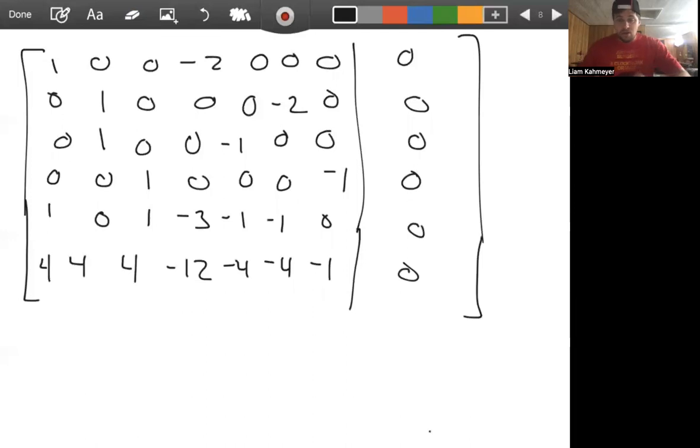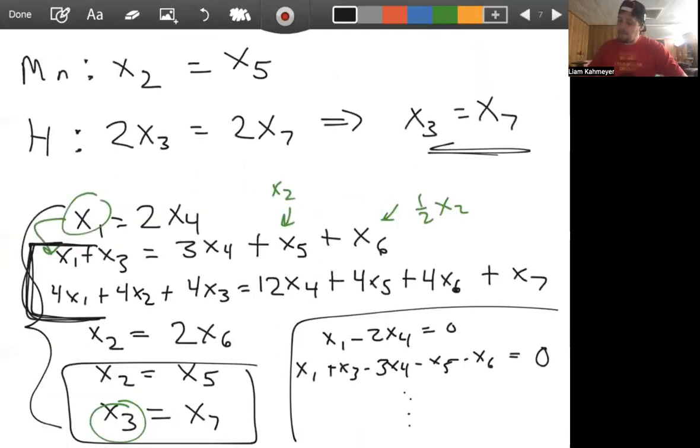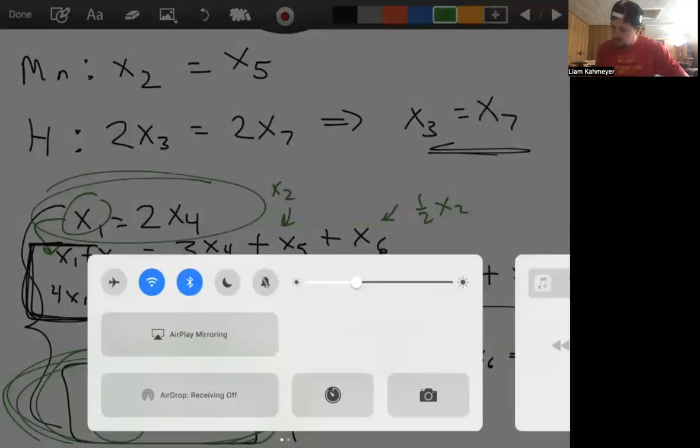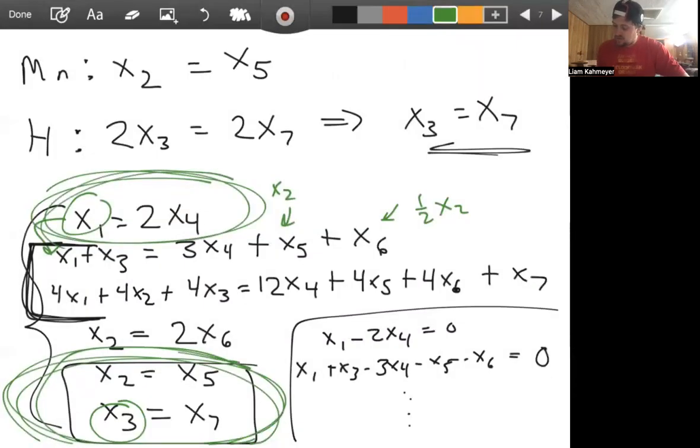This would be what you would reduce to some echelon form, right? You'd find reduced row echelon form, and then you do the substitution. But because this is simplified enough here, I would say you just go ahead and do substitution from this step. You'll get your free variables, right?